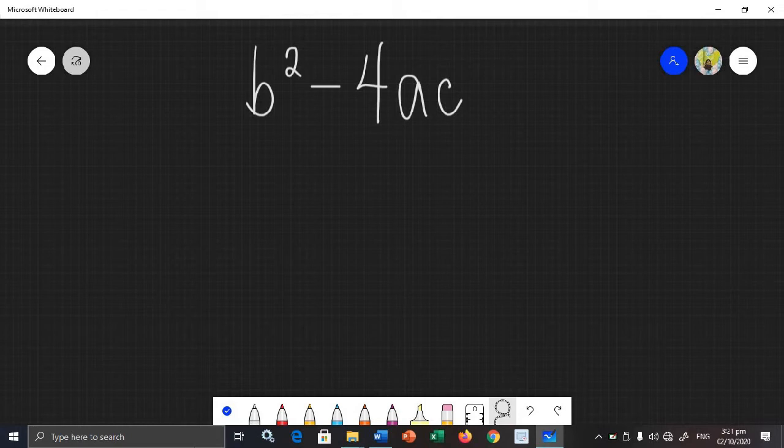Yun yung ginagamit natin para mahanap yung roots. Pero dito, kaya pala natin i-identify kung saan siya nabibilang sa number system without actually computing the roots. That is by using the discriminant, b squared minus 4ac.